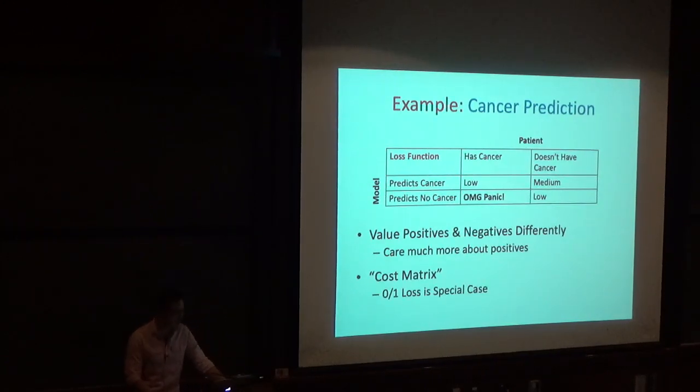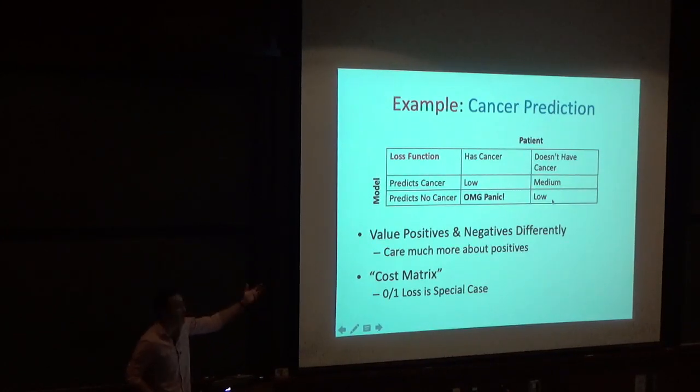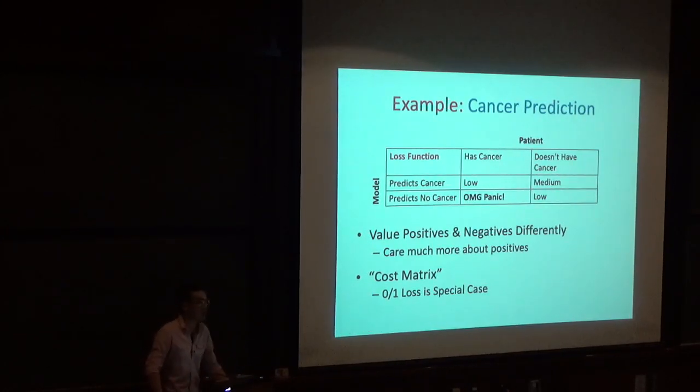Let's call it a cost matrix. 0-1 loss is the special case where it's symmetric, so in 0-1 loss we get 0, 1, 1, 0.